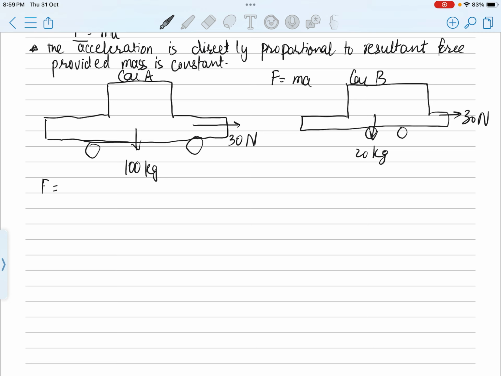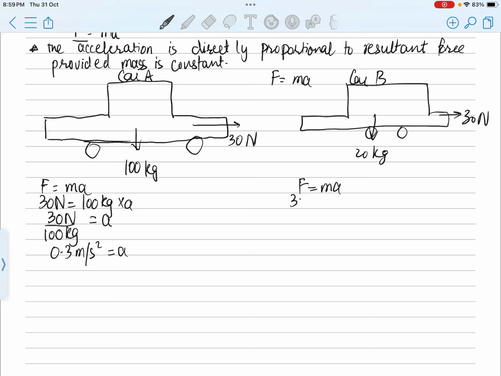F equals ma. The force is 30 Newton, mass is 100 kilogram, times acceleration. 30 Newton divided by 100 kilogram equals a. This resultant force causes this much acceleration, but in this case the mass is less, so the acceleration should be much larger.